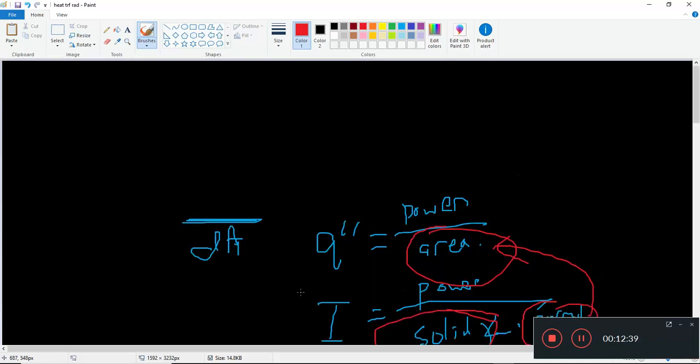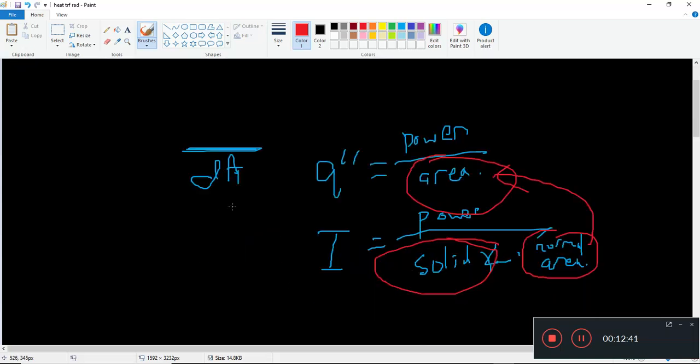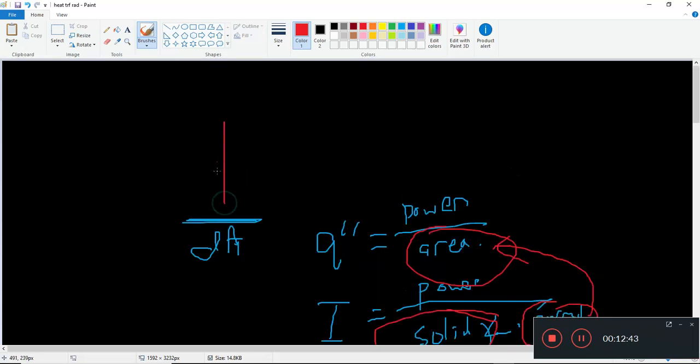Let's say you have some intensity here. If it's at 90 degrees, this theta equals 90 degrees, the area is just dA, right? There's nothing to speak of in terms of normal area versus the total area.